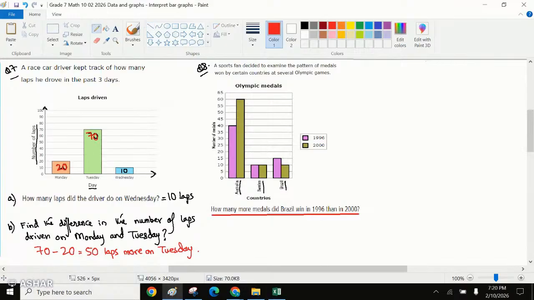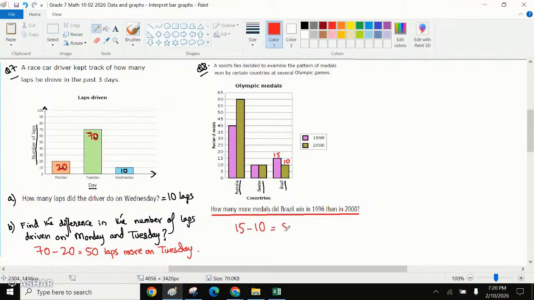What we need to do is we only need to compare Brazil over here, because Brazil made how many medals in 1996? They did 15 medals. And in 2000, they only had 10 medals, right? So we need to find the difference. The difference would be 15 minus 10.